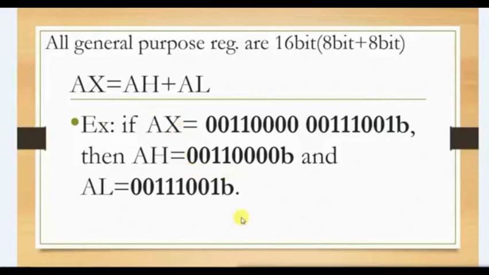We have learnt earlier that AX has been divided into two parts, AH and AL. So the first 8 bits, 00110000, is our AH content data. The AH register is holding these 8 bits of data, and the AL register is holding the other 8 bits of data.